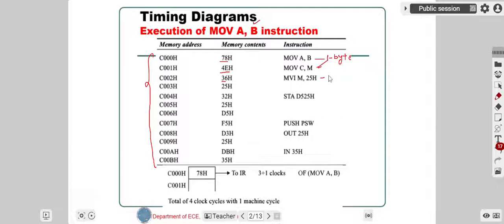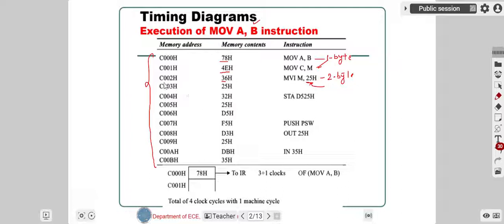These two instructions were one byte instructions. On the other hand, this instruction MVI M comma 25H, because 25H is an immediate data, is one 8-bit data. So there would be one opcode, which is 8-bit, and there will be another 8-bit data, that is 25H. So this instruction totally becomes a 2-byte instruction, and two memory locations will be required.